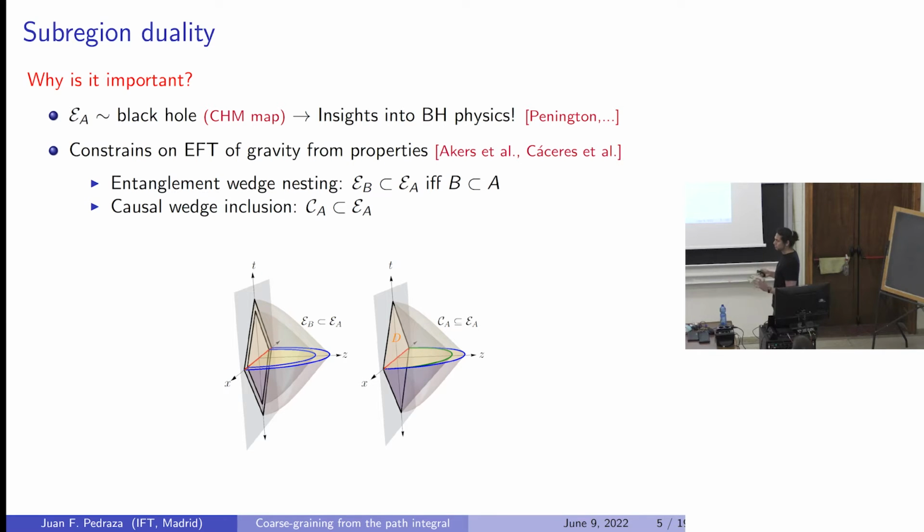Just to give you a hint on how we can use that: two properties that subregion duality obeys are nesting, which is the property that if two subregions are nested in the boundary, then the entanglement wedges must be nested as well in the bulk. And the other property is the causal wedge inclusion, the property that generally the entanglement wedge is larger than the causal wedge.